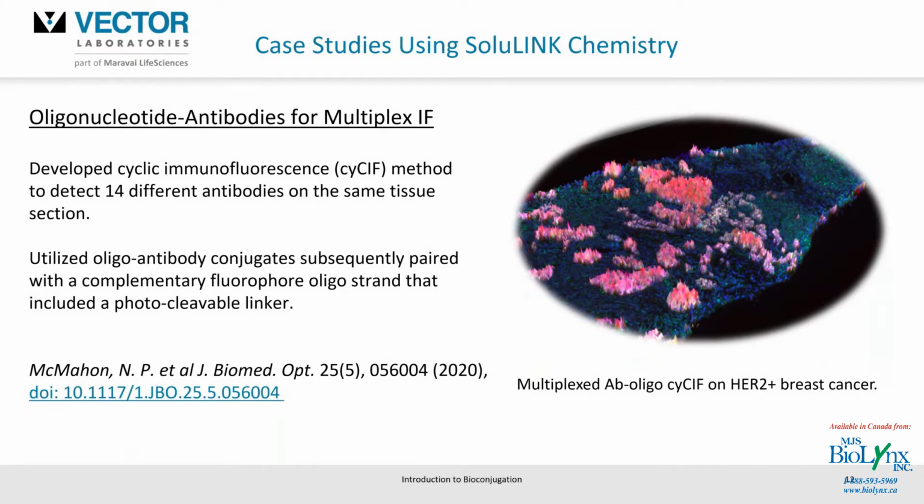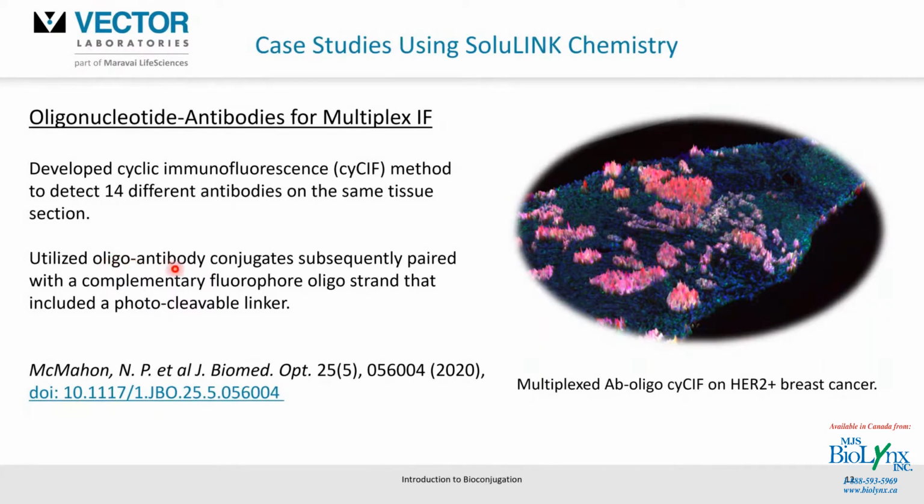What these investigators did was develop what they referred to as a cyclic immunofluorescence methodology. Basically, they conjugated 14 different antibodies to oligonucleotides, and they put these oligonucleotides down on the tissue at the one time.